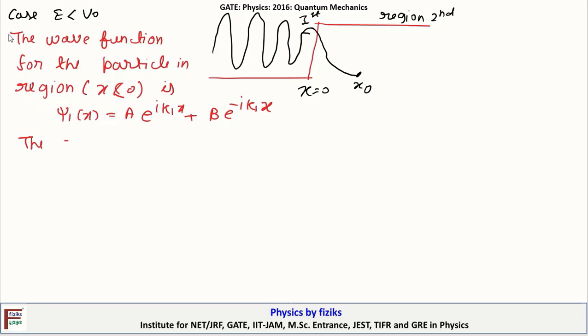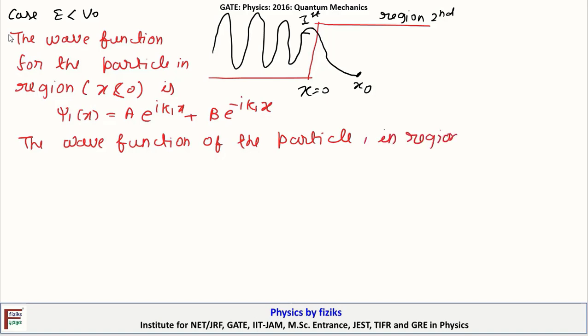The wave function of the particle in region x greater than 0 is psi 2 of x equals C e to the power minus alpha x.